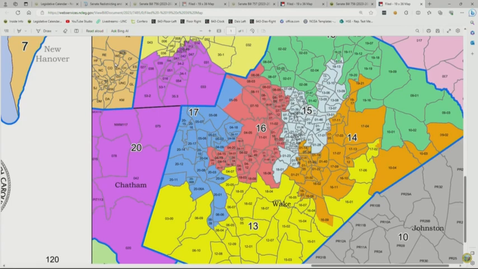I'm wondering whether the map makers thought about that, especially with respect to 13, because rather than the river being the natural boundary and various other communities of interest, there are some issues in the Wake County mapping that create real concerns, and I wonder whether any of those things occurred to the chairs as you drew these maps.